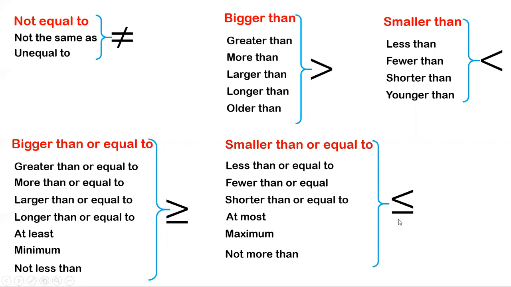So I believe that this short video can make you understand what we call equality and what we call inequality, and then the signs of the inequality, and then other phrases that you will need to know about these signs.